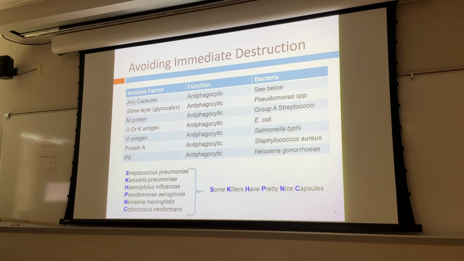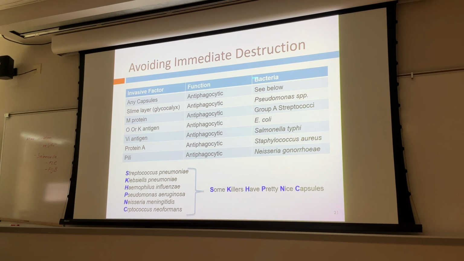That's a nice way to remember some of the microorganisms that really rely on a capsule to cause a really nasty infection and evade the immune response: Streptococcus pneumoniae, Klebsiella pneumoniae, Haemophilus influenzae, Pseudomonas aeruginosa, Neisseria meningitidis, and Cryptococcus neoformans. Cryptococcus we won't talk about in here, and it's not bacterial, but you see it in AIDS patients a lot of times. They can get a very lethal infection, secondary to HIV infection.